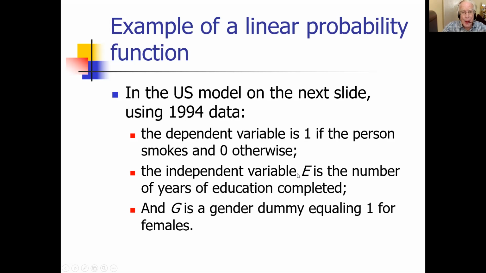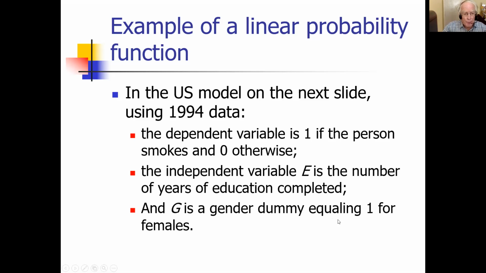We will add an explanatory variable for educational attainment, that is, the number of years of education completed by the respondent. And then finally, we have an independent variable that indicates whether or not the respondent is female.